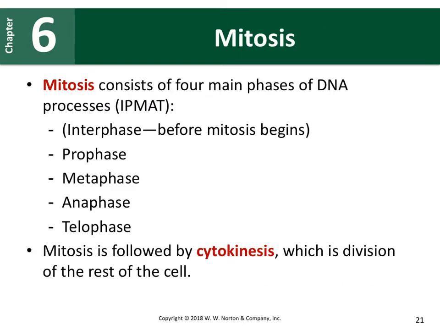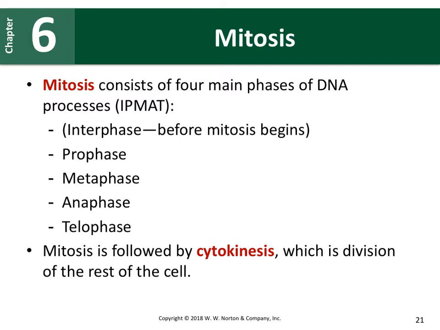Mitosis consists of 4 main phases. Interphase has 3 parts: G1, S, G2. Then mitosis: prophase, where the nuclear envelope disintegrates and the chromosomes condense. They line up along the middle of the cell, where the nucleus was. That's called metaphase.